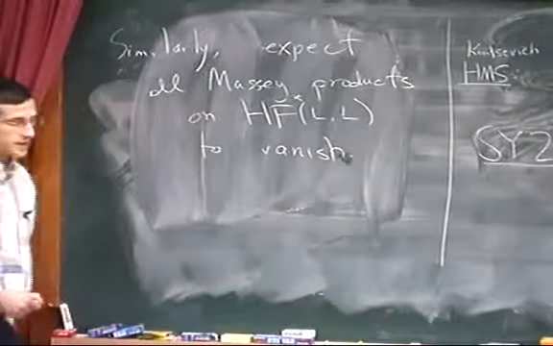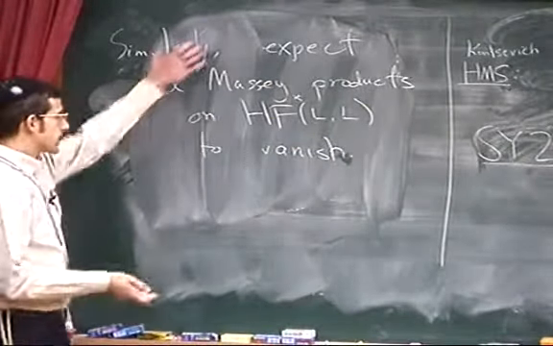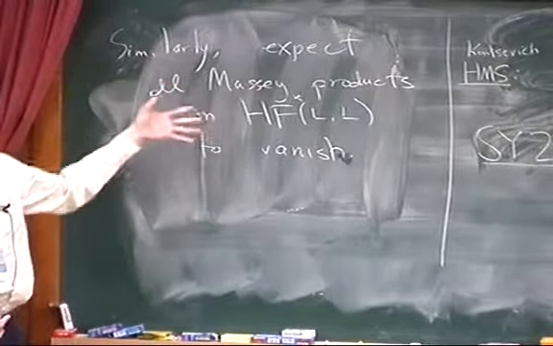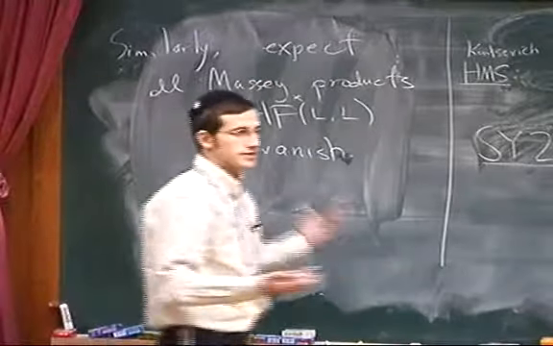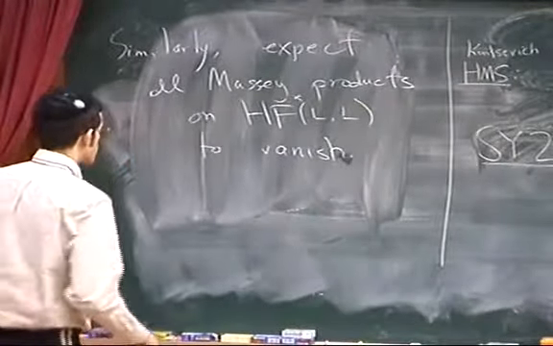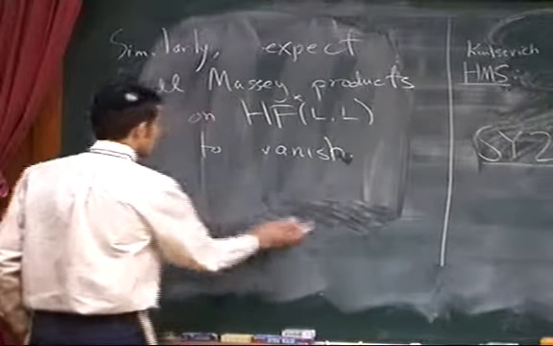So in fact, you kind of expect the underlying A infinity algebra of L to be formal and homotopy equivalent to its cohomology as an A infinity algebra.